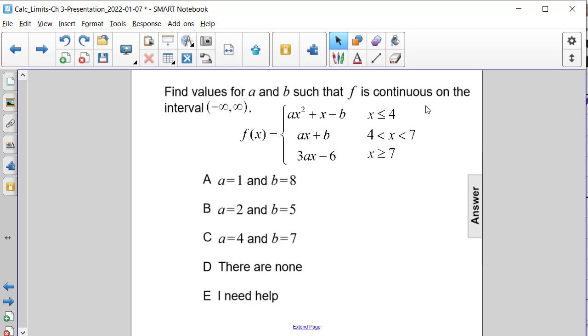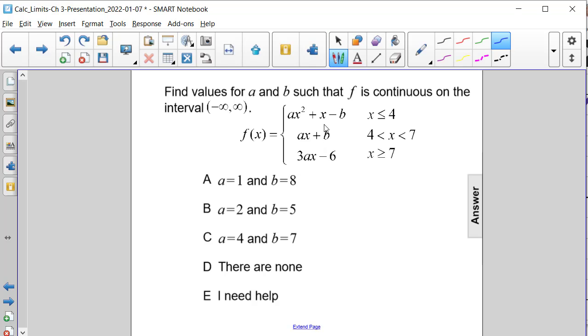Well, in order to make this function continuous, the outputs or function values need to be the same when we are at the endpoints of our various pieces, or within the domain endpoints. Like this, when I put 4 in, this piece would have to equal this piece as its output.